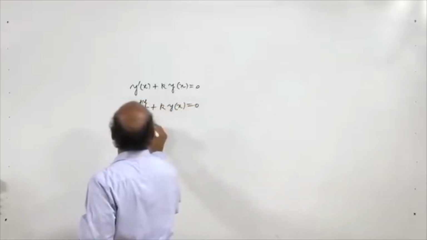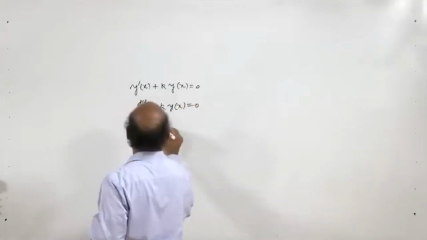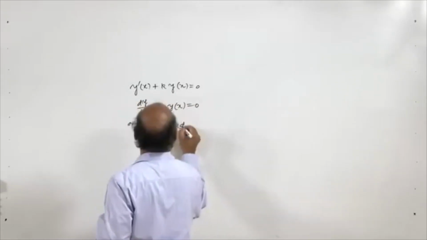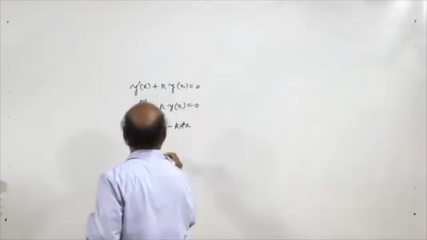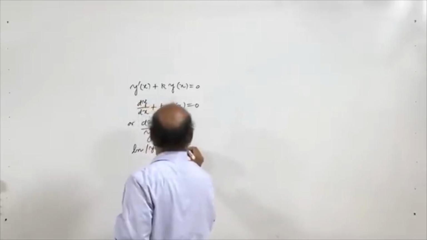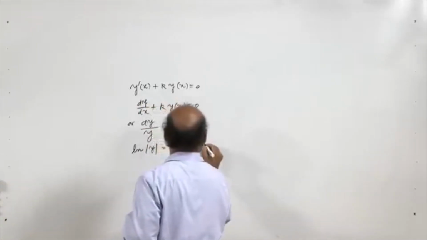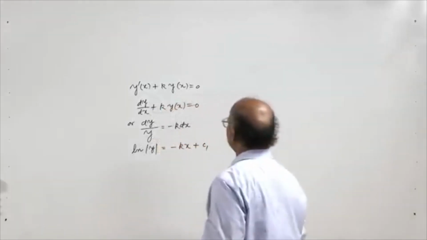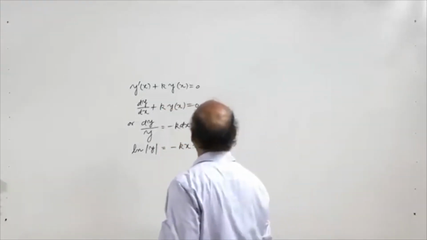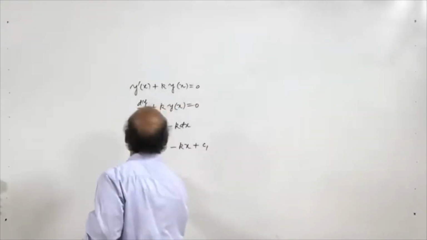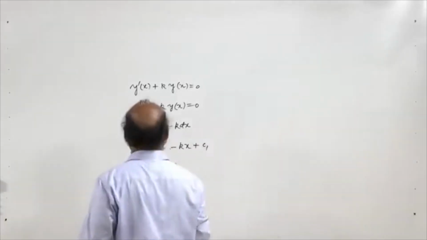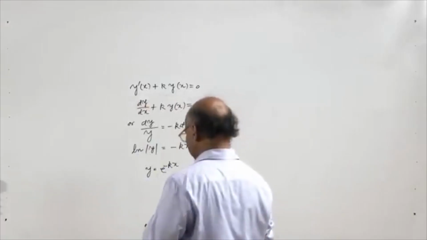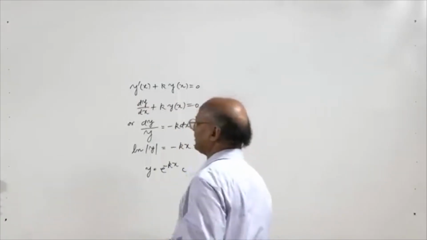Now integrating both sides, we can write ln mod of y equal to minus kx plus some constant c1, or we can write y equal to e to the power minus kx into a constant c. So y equal to c times e to the power minus kx, where c is an arbitrary constant.